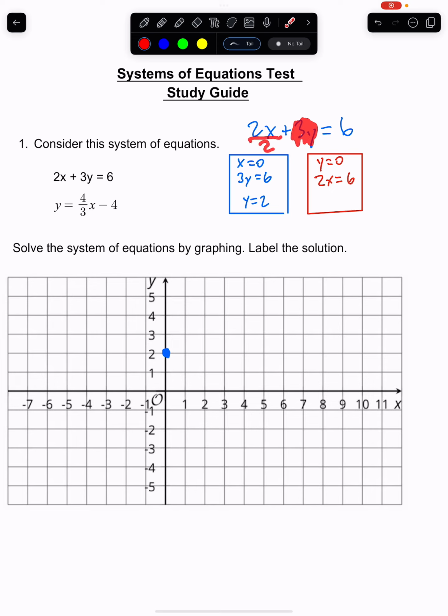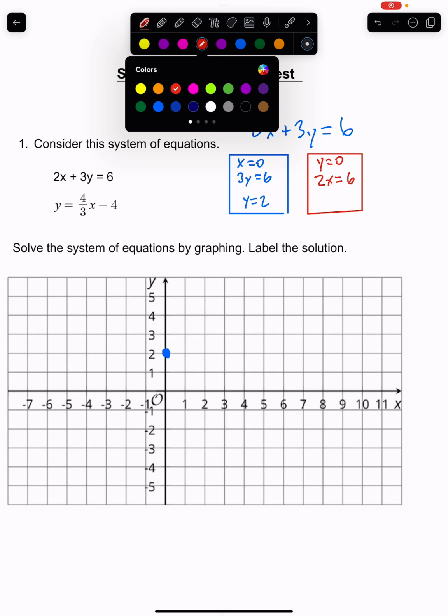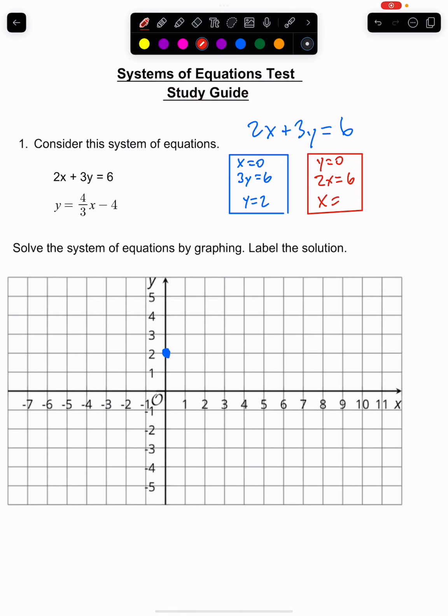I divide this side by 2. I divide the 6 by 2. X is 3 when y is 0. And that goes right here. So that's all we need is those two dots. We can make our line now.